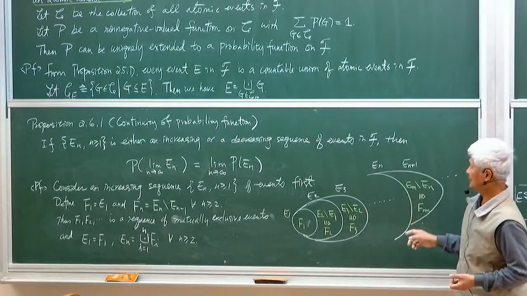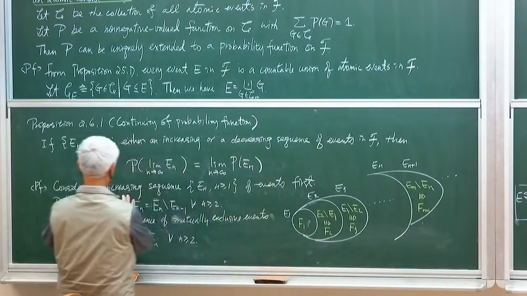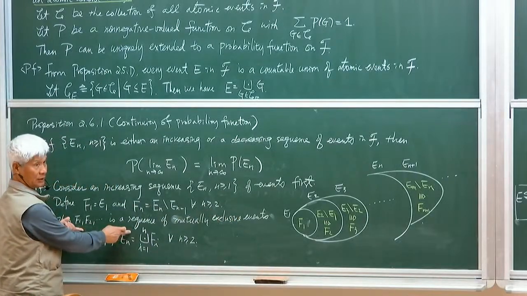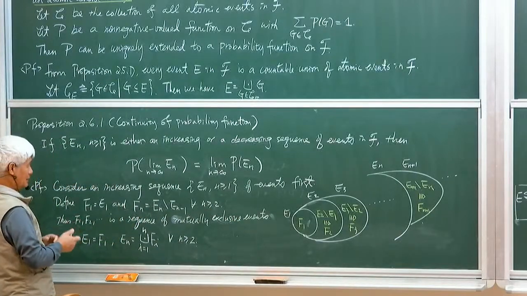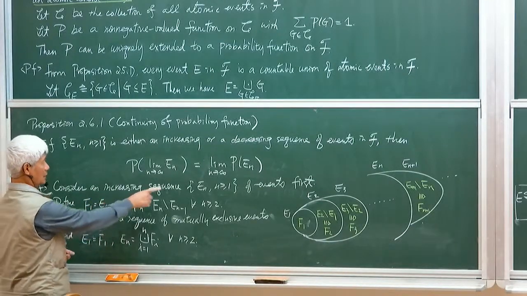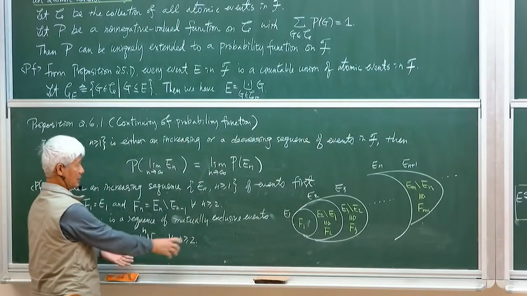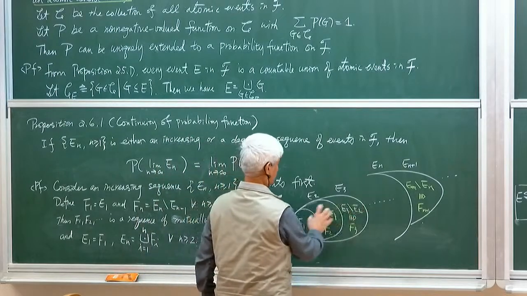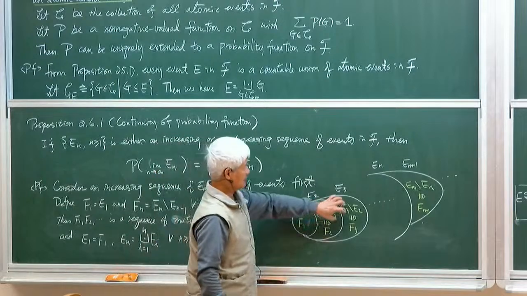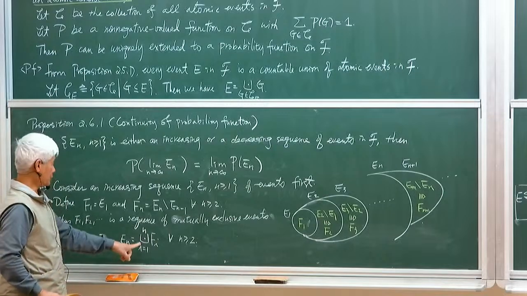That is the reason why we do the decomposition. From the increasing sequence of events En, we define a sequence of mutually exclusive events F1, F2, etc., by this definition. And we can recover the original event En from the Fi. These become the building blocks, and we can combine them together as a disjoint union.